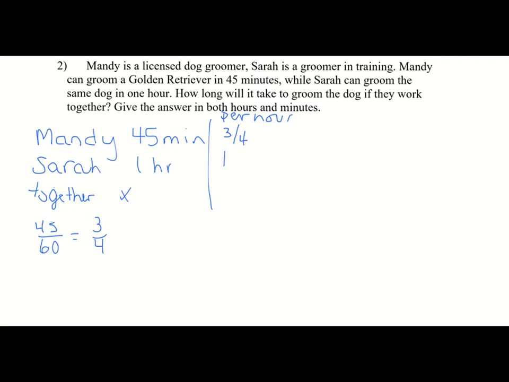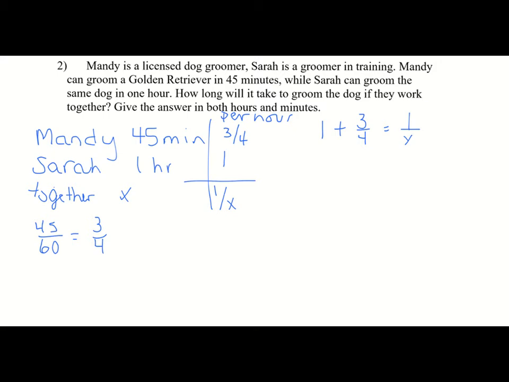So per hour, Mandy can do 3/4 of the dog, and Sarah can complete the dog in 1 hour. Together, they will still be 1 over x. So we set up our equation. It's going to be 1 plus 3/4, or 3/4 plus 1 equals 1 over x.